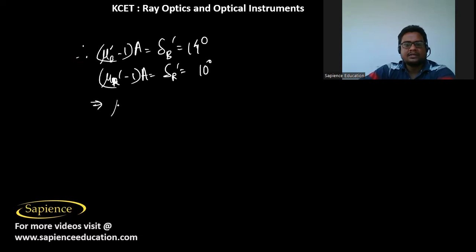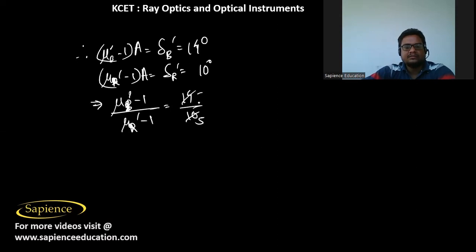So if we take the ratio, then mu b dash minus 1 by mu r dash minus 1 is equal to 14 by 10, that is 2 fives are 10, 2 sevens are 14. Similarly, mu b dash is equal to 7 mu plus 1, and mu r dash is equal to 5 mu plus 1.